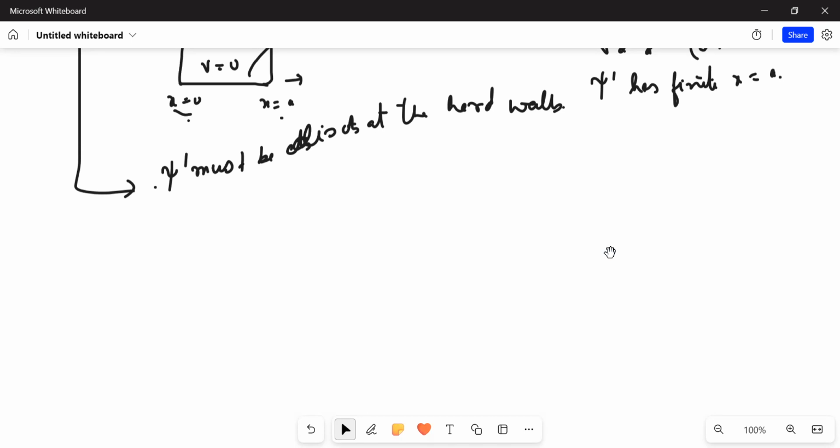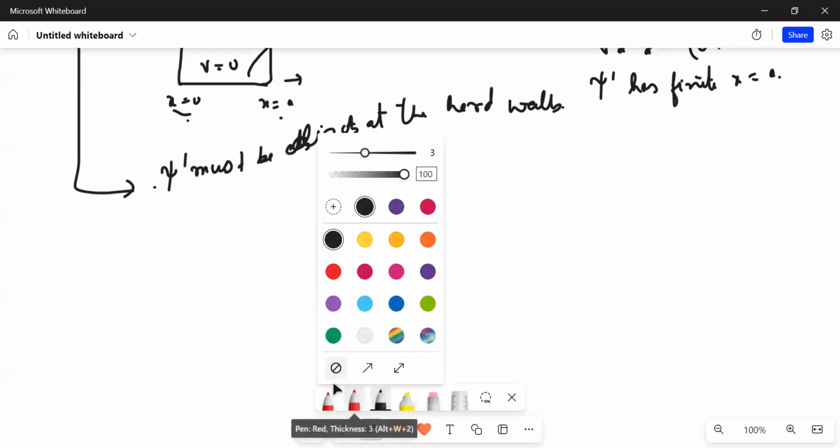So understand the point that the first thing that I need to mention here is that the Born interpretation for physically realizable functions stands still there.